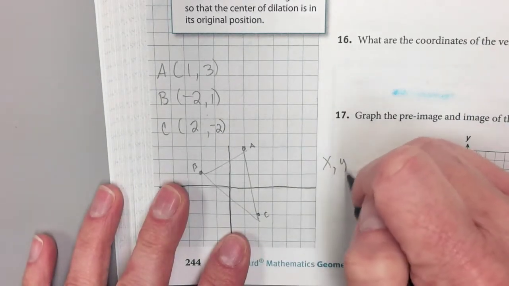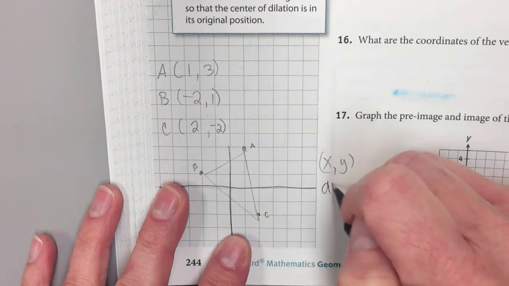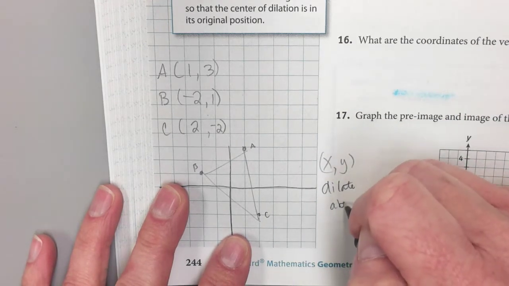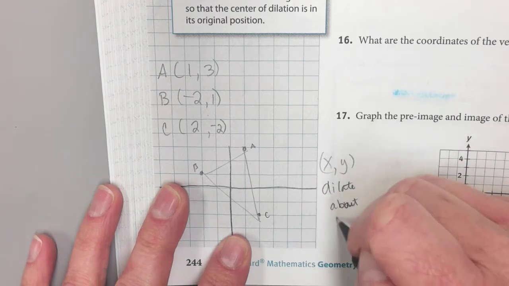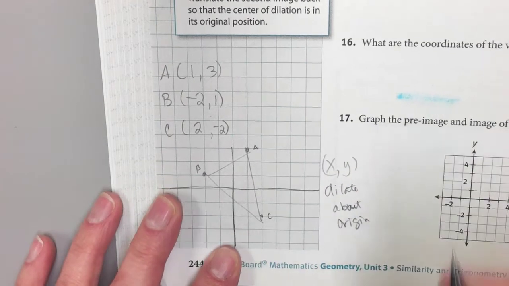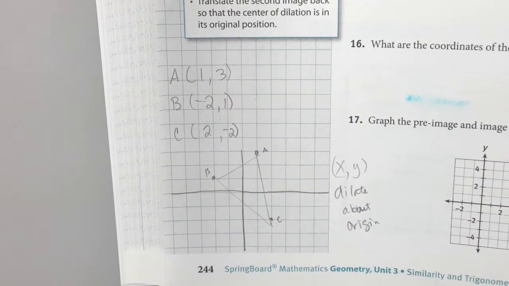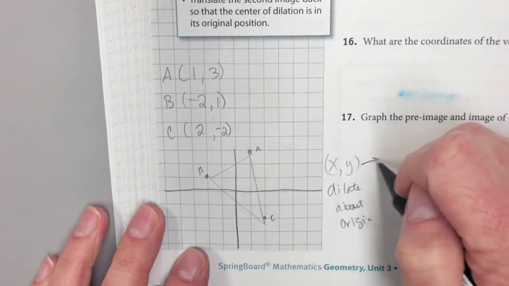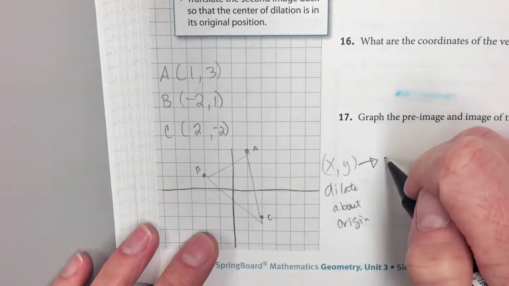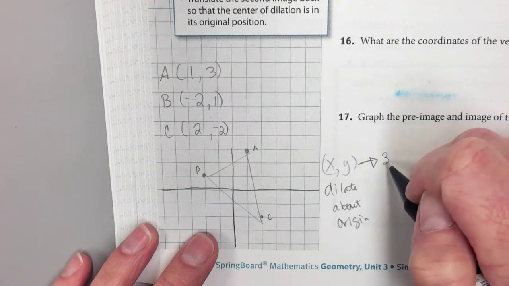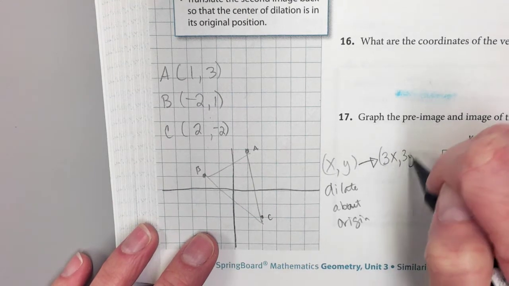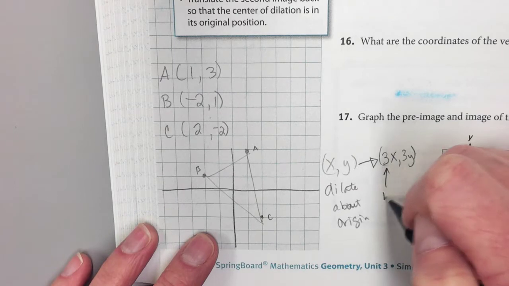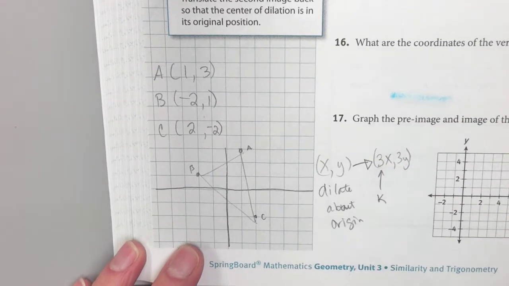We're going to take x, y, and we're going to dilate about the origin, which means we're not going to move anything else. We can actually have a different center of dilation. And we're going to dilate this by 3. So 3 is k, or the scale factor.